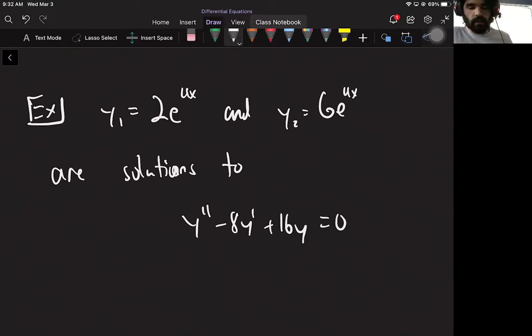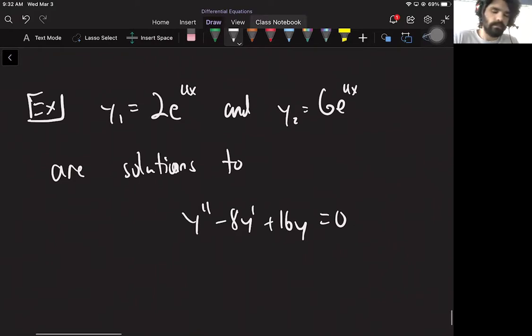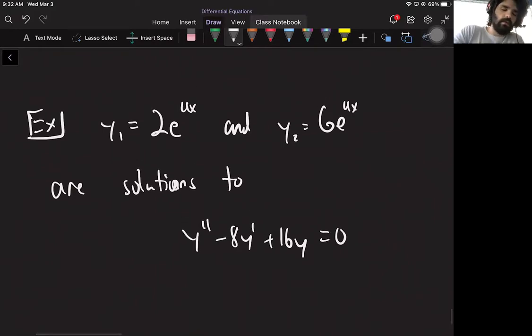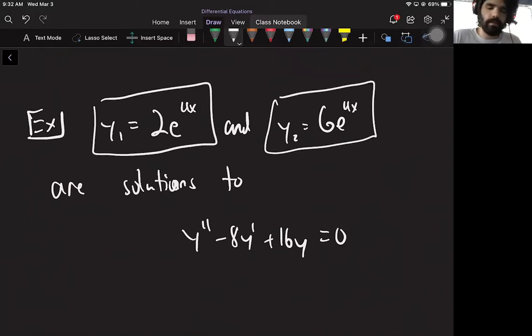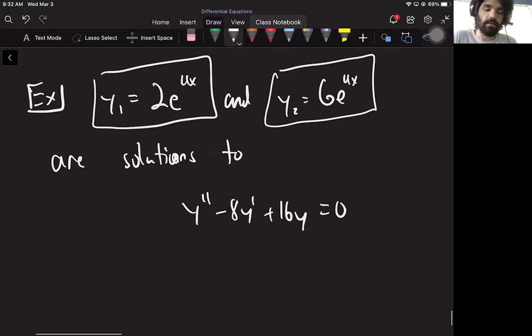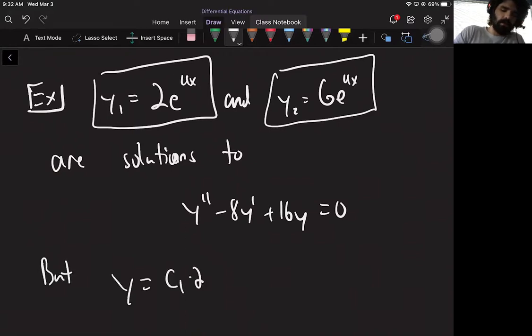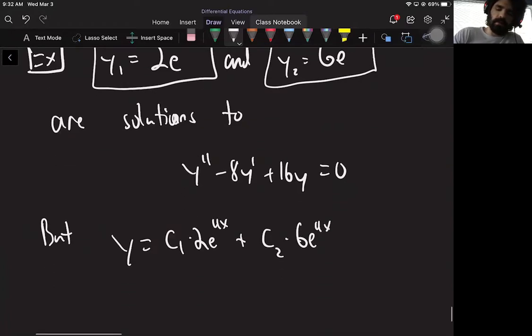Yeah, that was the same equation. So these are both solutions, but do they tell you the general solution? No, because they are not linearly independent. So you've got to be a little careful. So y equals c1 times 2e to the 4x plus c2 times 6e to the 4x is not the general solution.